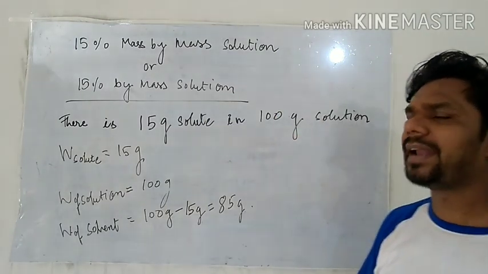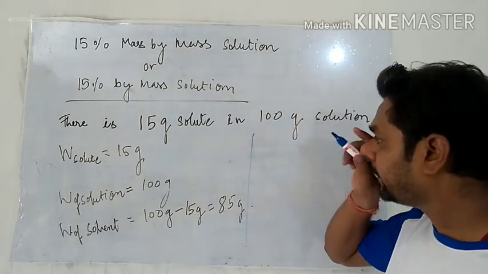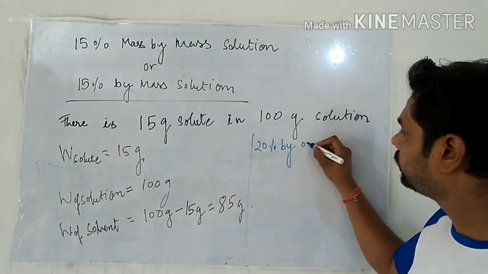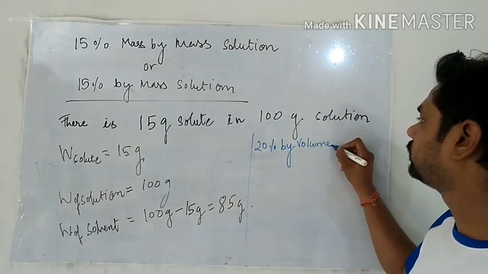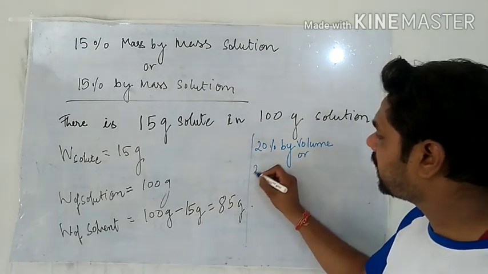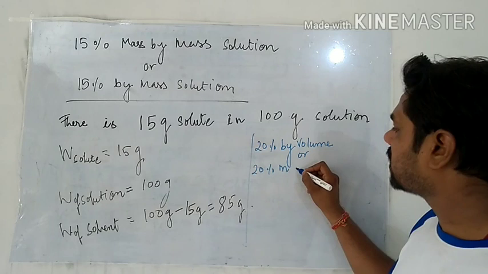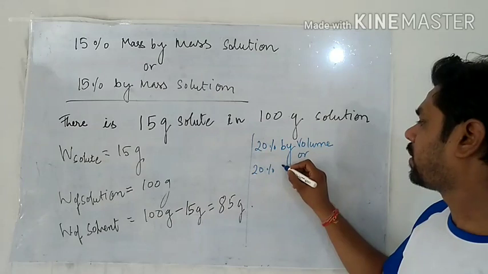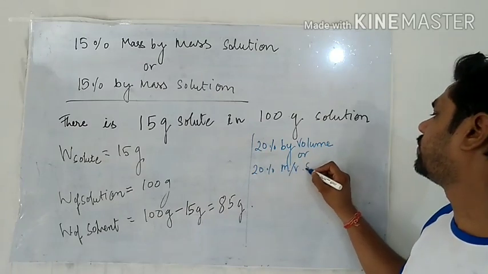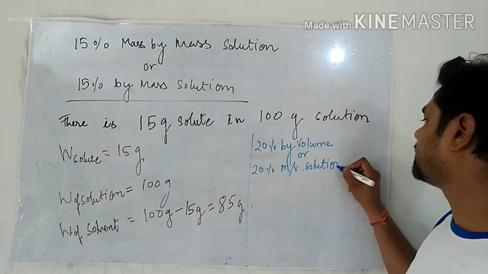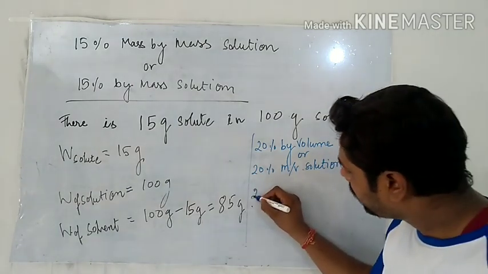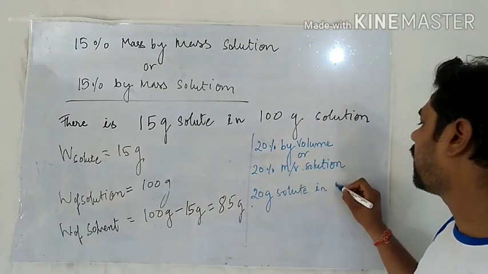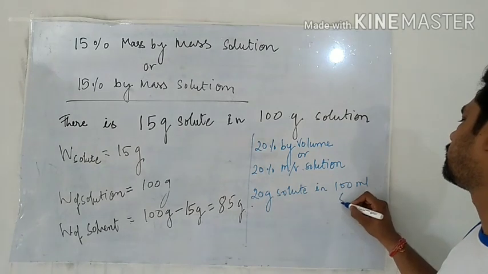It can also be said like that, if they would have said 20% by volume, or they could say 20% mass by volume solution. It means it is saying 20 gram solute in 100 ml solution.